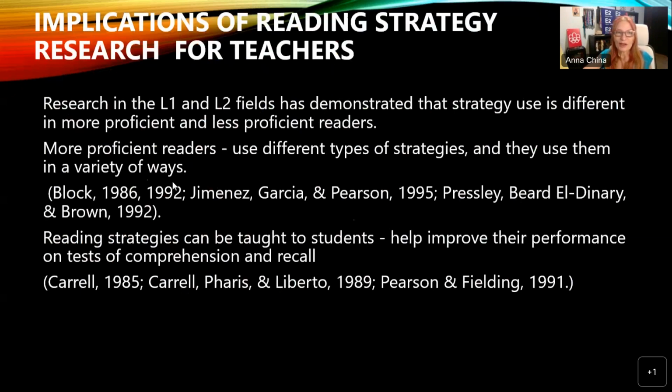For more proficient readers, you can use different types of strategies and vary them more because they're more proficient. They can deal with language better, so you can propose a variety of tasks. With beginners, you're going to be a little limited because you have to work within their scope.